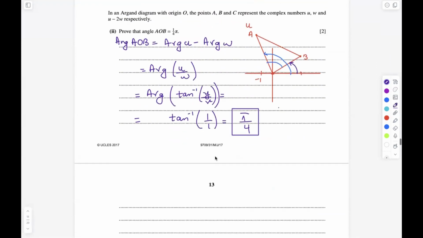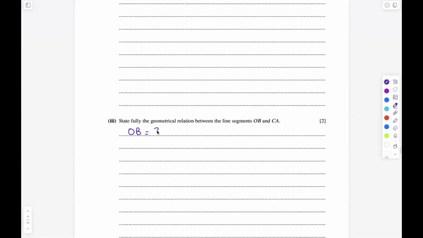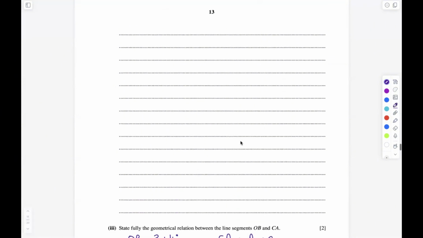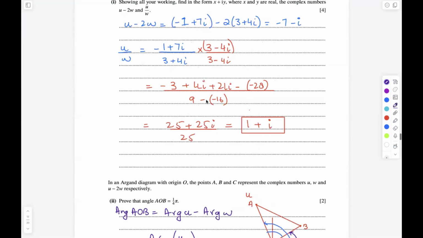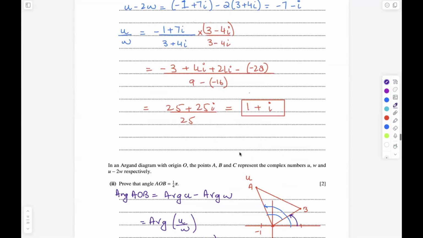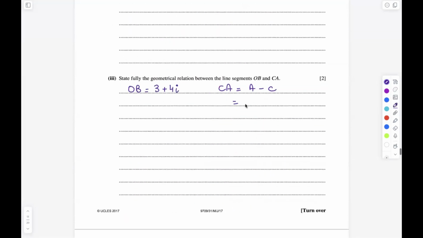In part 3, we have to state fully the geometrical relation between the line segments OB and CA. Now we know that O is the origin, and B was 3 + 4i. So OB will become 3 + 4i. And finding CA, CA will be equal to A minus C. A was represented by u, which was -1 + 7i. So we'll write -1 + 7i over here.